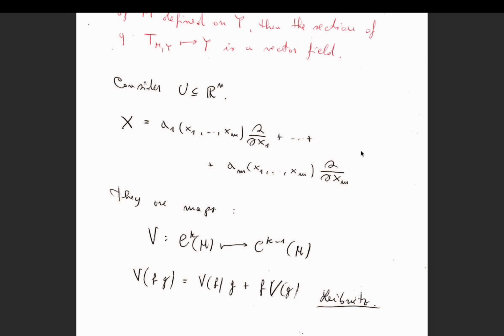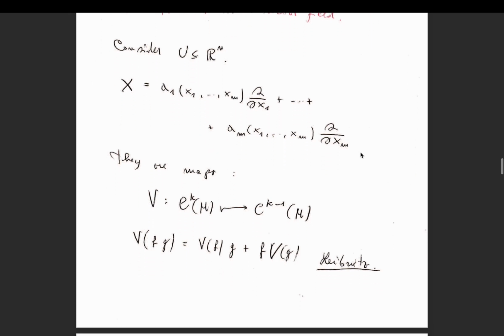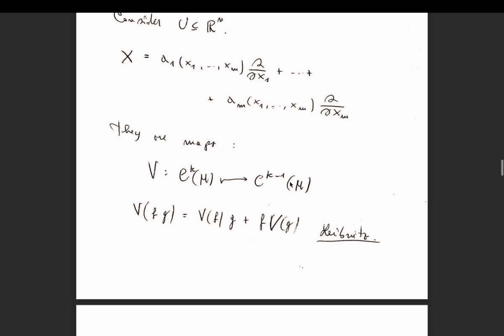So they are actually maps V from C^k into C^(k-1), so real-valued functions of class k into real-valued functions of class k-1, which satisfy the Leibniz rule, in the sense that V(fg) is equal to V(f)g plus fV(g).